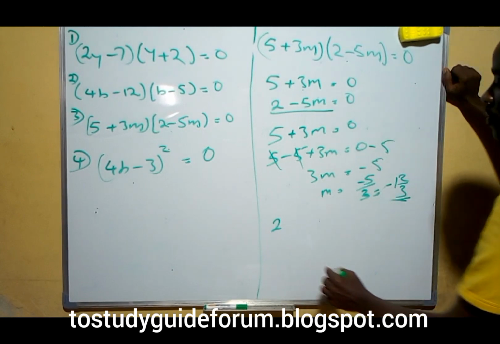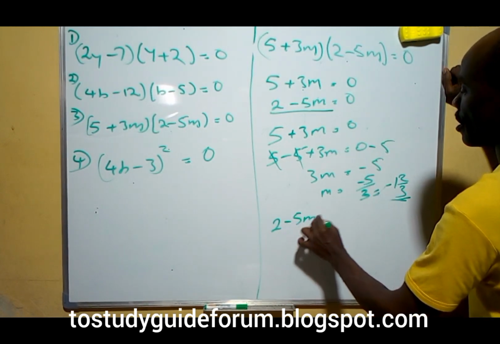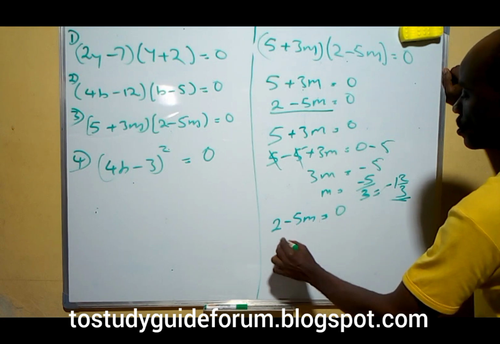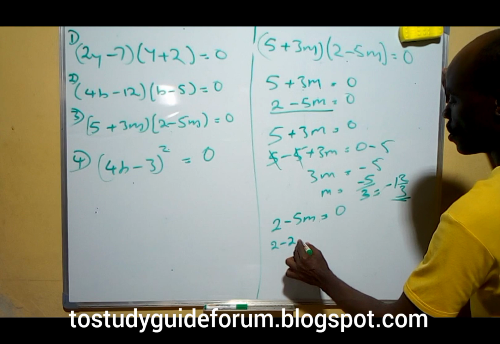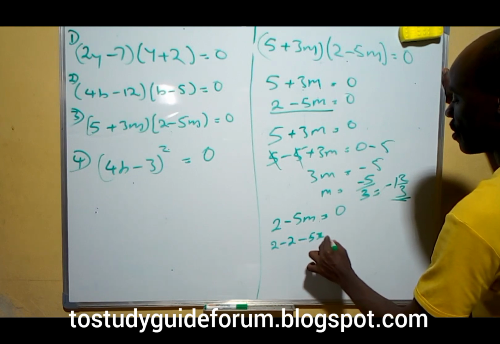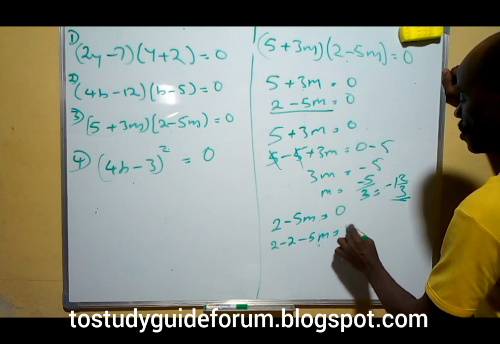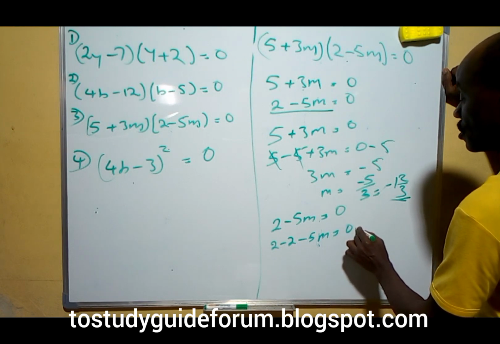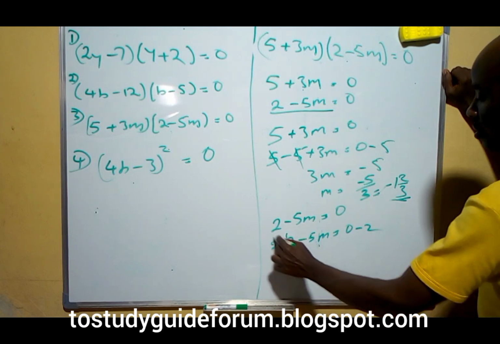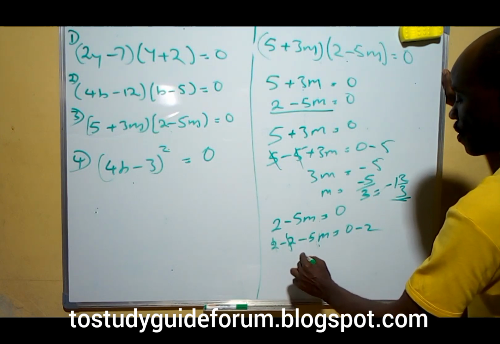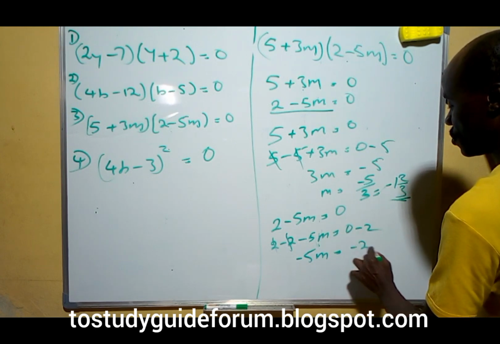We have 2 - 5m = 0. So subtract 2 from both sides: 0 minus 2. This will cancel out. We have minus 5m equal to minus 2.